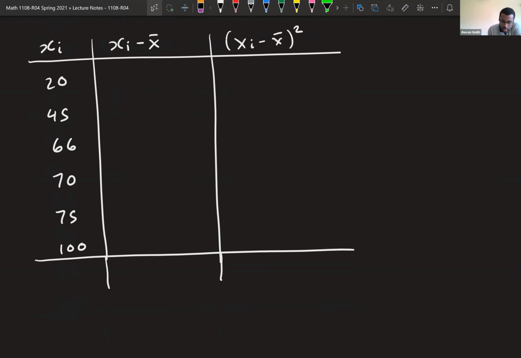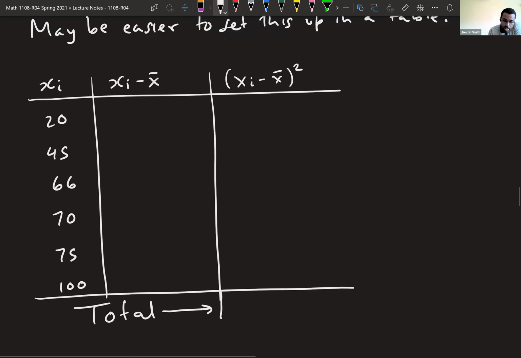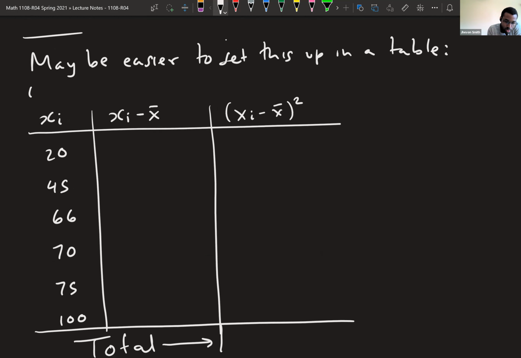And what you're going to do here is find the total of this part over here. So you can go through and just compute the differences, right? Here we know x bar equals 66.667.